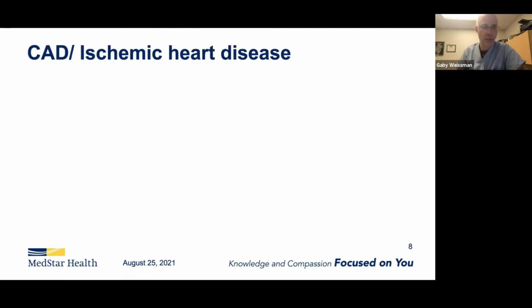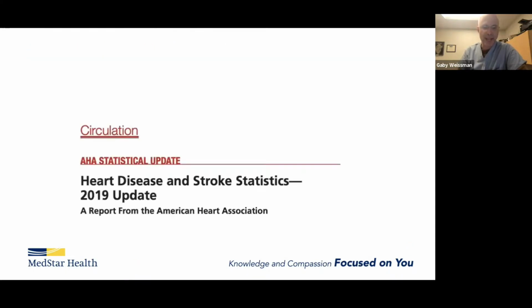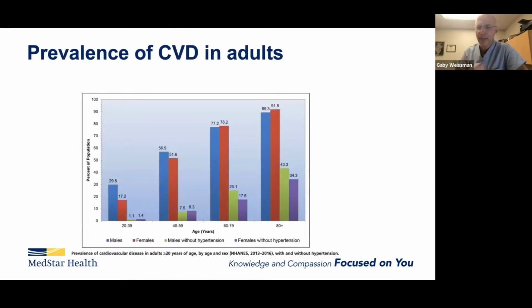As I said, we'll talk about coronary artery disease, ischemic heart disease, and I'll start with a few stats, not to make too much of a point of this. I think everybody knows these stats very well, but coronary artery disease is just common, right?